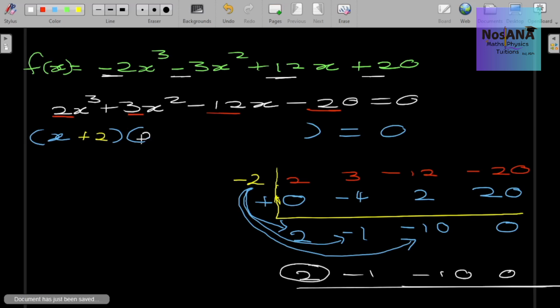You'll say 2x, but we know that you need to square that because it's a cubic. When you say now 2x squared times x, you get 2x cubed. And then now you're going to take this minus 1 and put it there and you say minus x. And then you just take the minus 10 and you put it there and you say minus 10, like that.